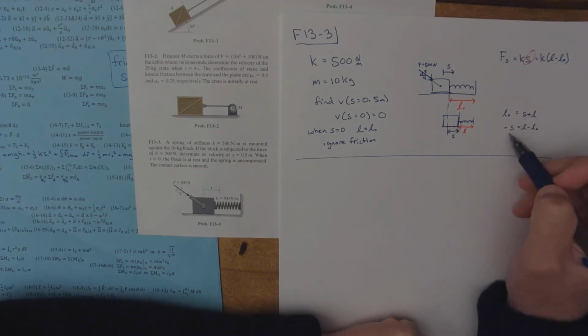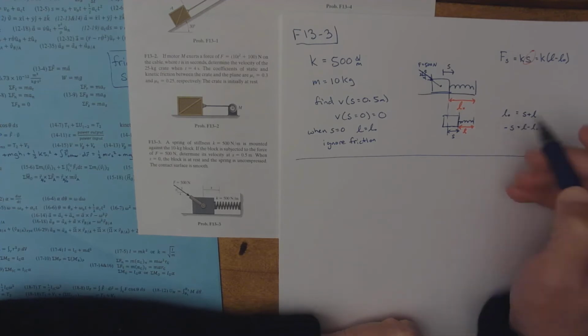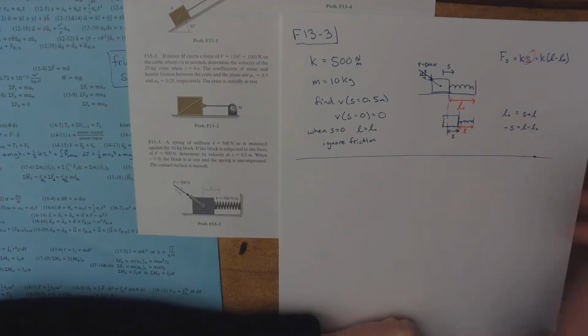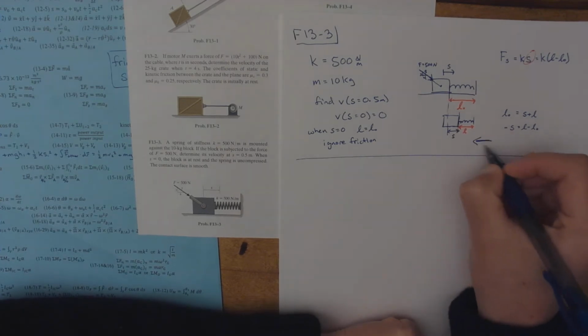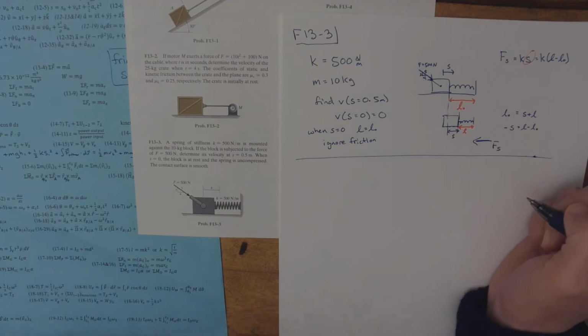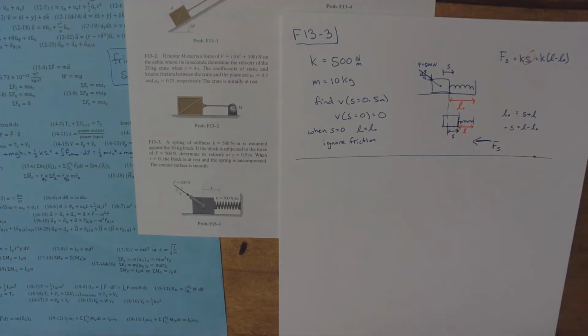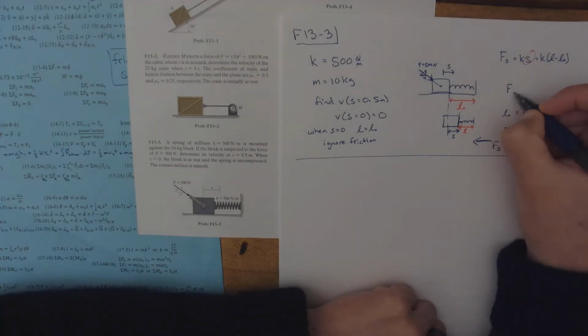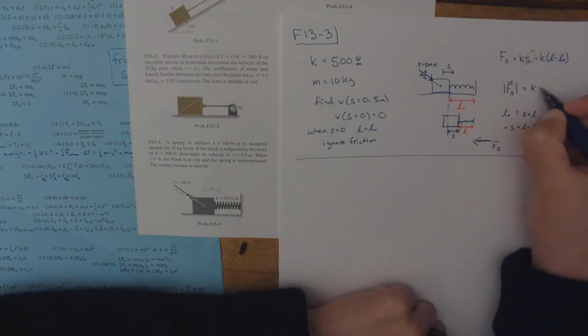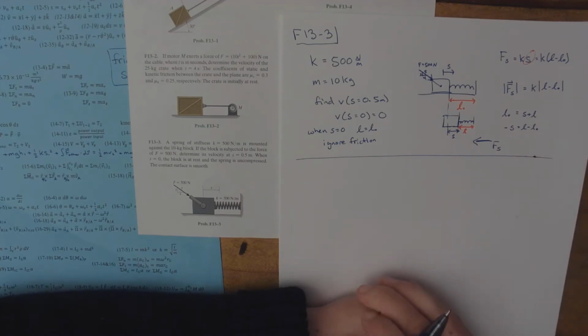And the negative sign is just going to tell you the direction that the force of the spring is acting in. In this case, because the spring is being compressed, the force of the spring is going to act in that direction. If you want to figure out the direction on your own, you could just say the magnitude of the force of the spring is equal to k times the absolute value of L minus L naught.